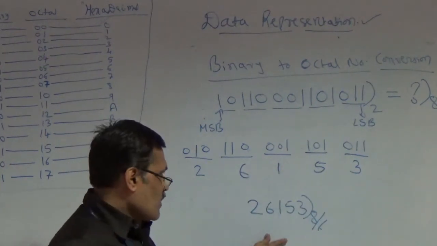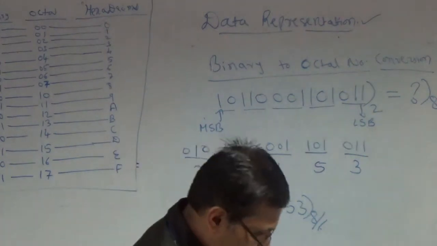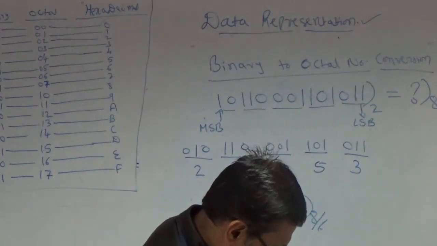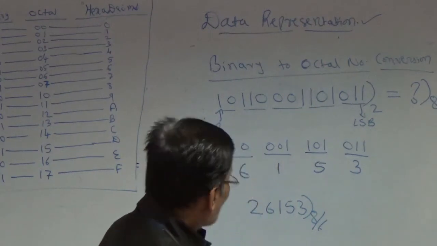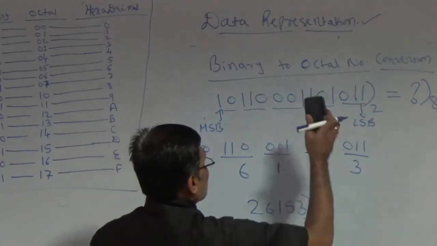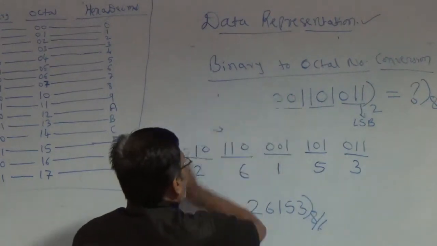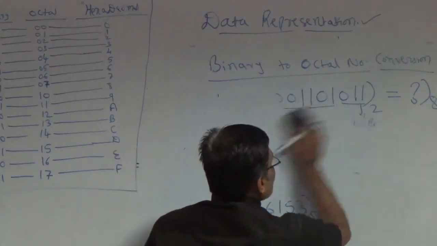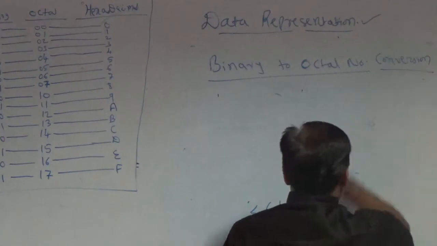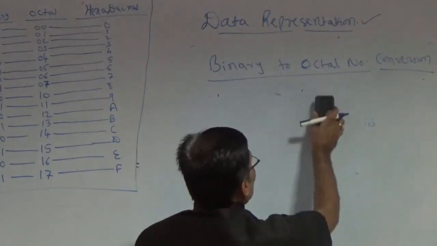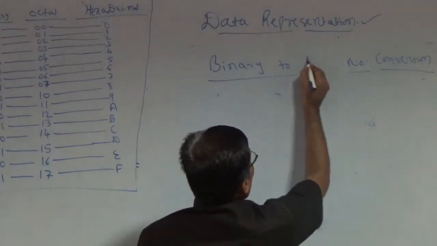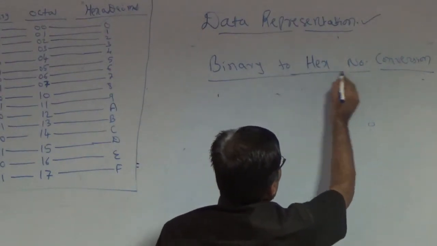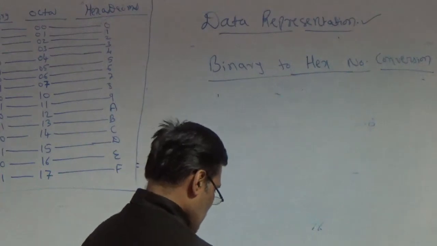Okay, so we have seen binary to octal. Now binary to hex. Let us see how we can do it. Binary to hexadecimal number system.